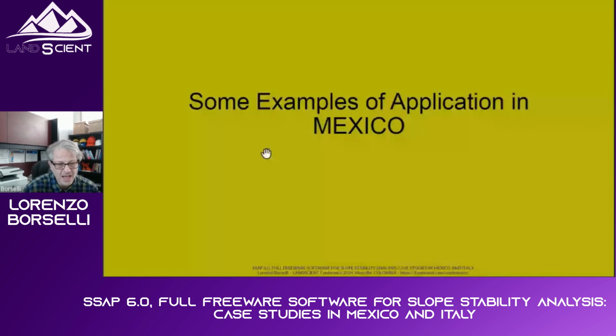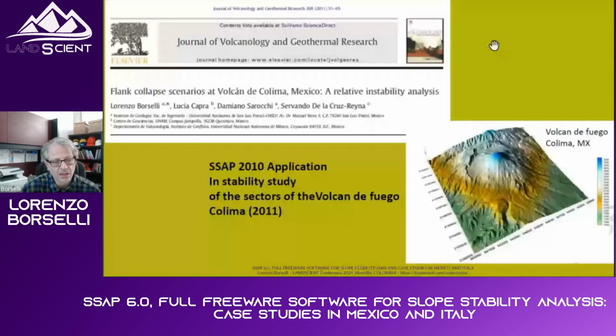The first historical application in Mexico was the application to the Colima Volcán de Fuego. You have here a paper with Lucia Capra from UNAM, Damiano Sarocchi, and Servando de la Cruz Reina. You can download it, and it has a lot of things inside, so I invite you to look for it and search for the application.